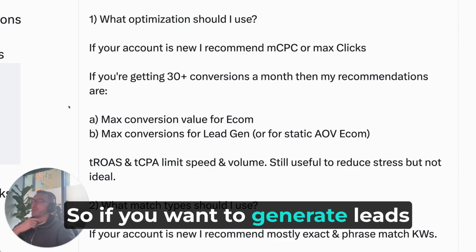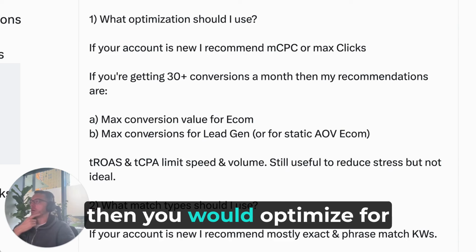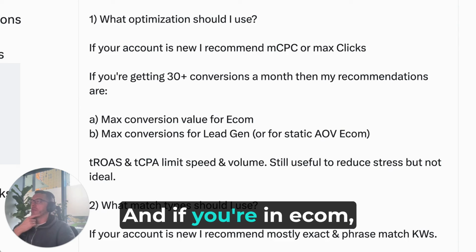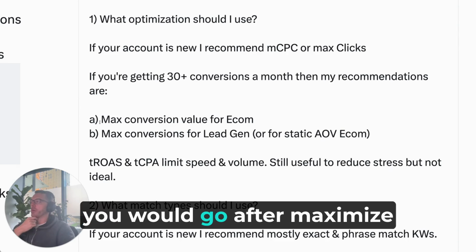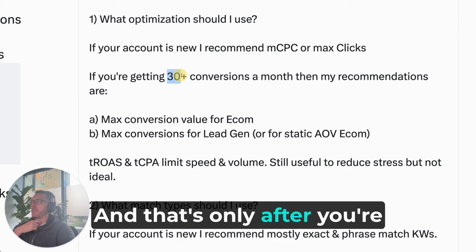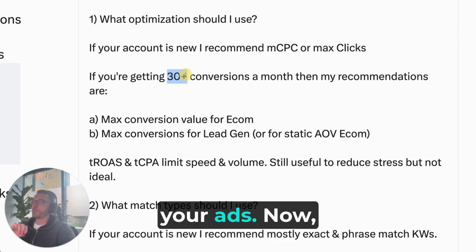So if you want to generate leads for your service business, then you would optimize for maximize conversions. And if you're in ecom, you would go after maximize conversion value. And that's only after you're already getting at least 30 conversions a month from your ads.